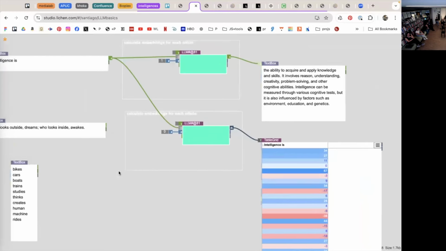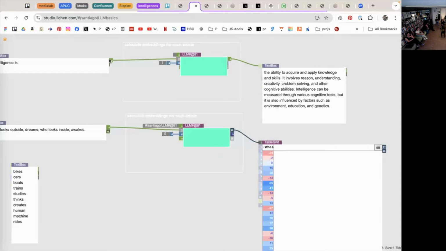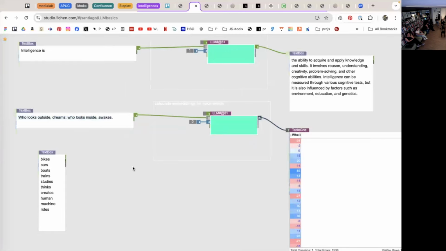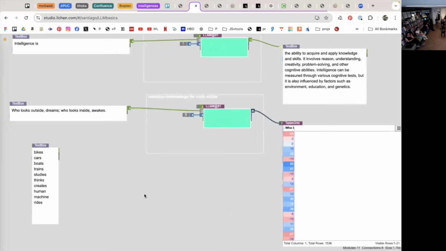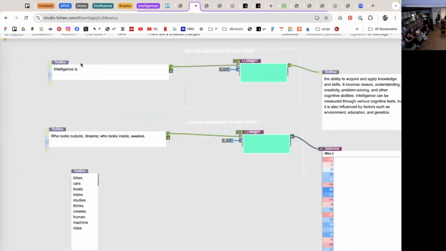But what you can do is that if you have two things that have different lists of numbers, like this text versus this other text, this is a quote by Jung, you can at least compare these numbers, right? So how do you compare these two sentences? It's difficult, you need a human.